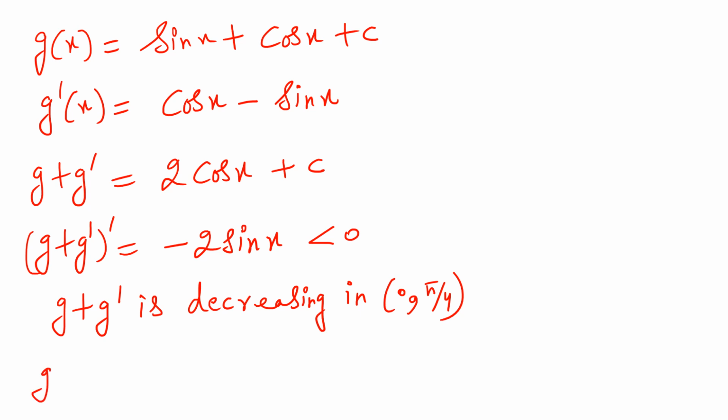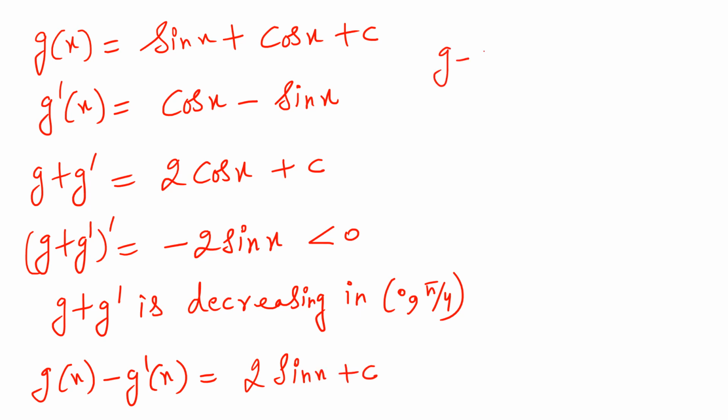Now find the function g of x minus g dash x. Now g of x minus g dash x will be 2 sine x plus c. Now find its derivative. So g minus g dash whole dash becomes equal to 2 cos x.